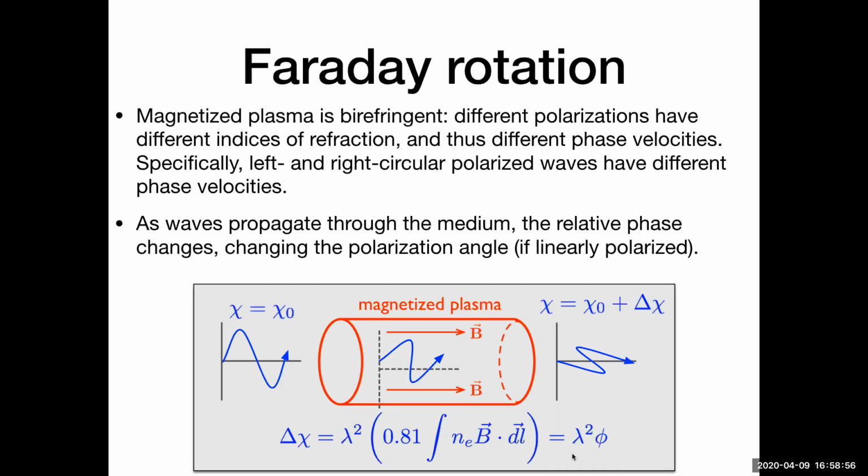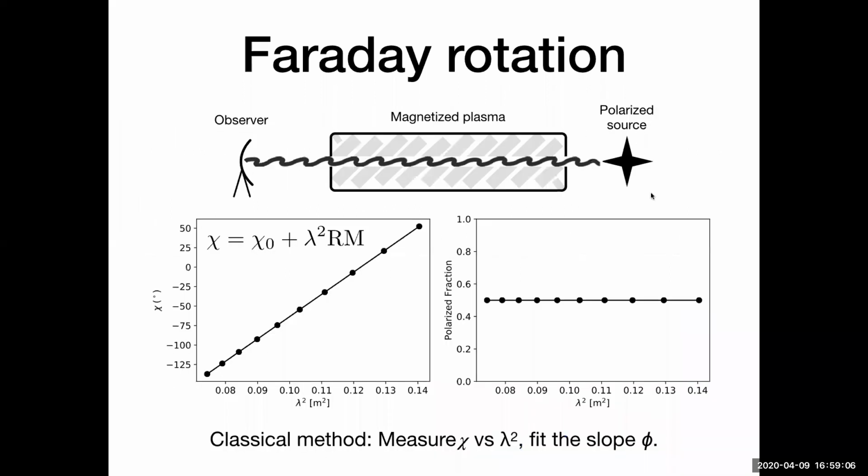This is interesting because it gives us a mechanism to study magnetized plasma in the interstellar medium. If we have some background polarized source and we observe it, its emission has passed through the plasma, therefore it's experienced Faraday rotation and we can learn something.